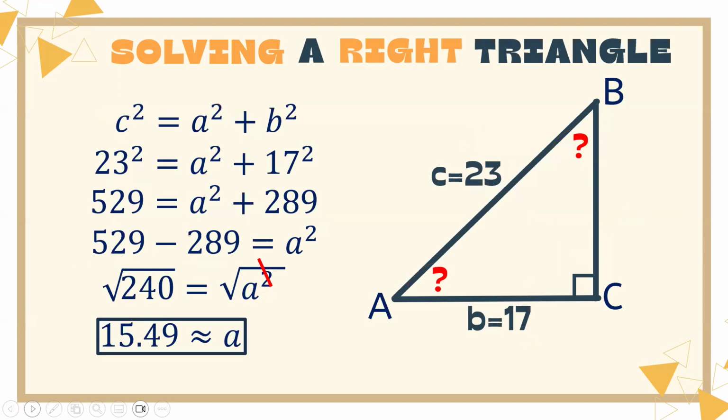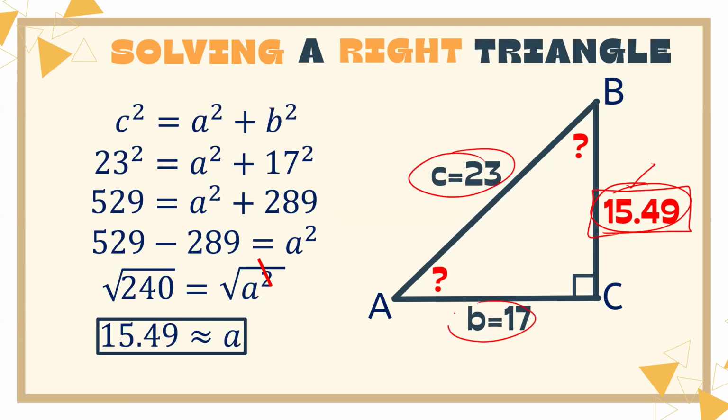Therefore, the length of leg a is 15.49. So here we first were able to determine the length of one leg given the length of the hypotenuse and the other leg of the triangle using the Pythagorean Theorem.